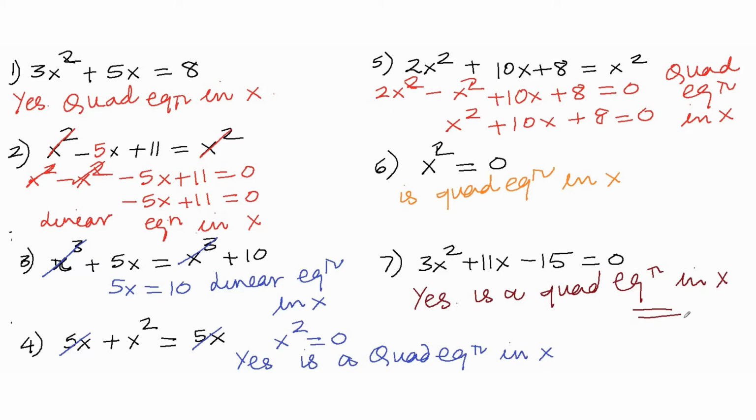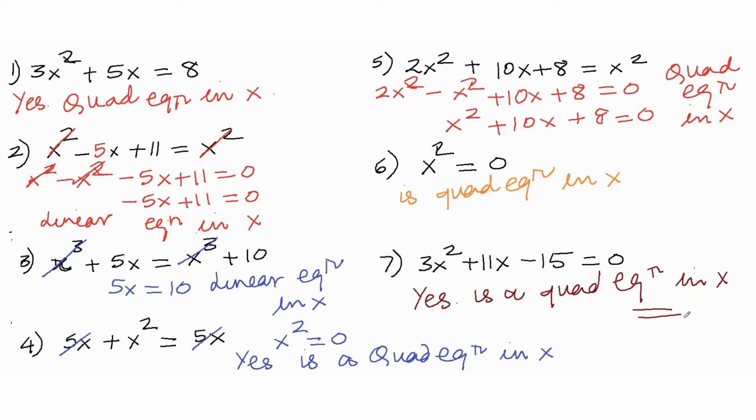And I'm going to take a few more questions. The idea is you try to open up all the brackets that you have and you try to bring all terms on one side. If the degree of that polynomial is 2, then it definitely means that it is a quadratic equation. If the degree is not 2, that is if there is no x square term or no variable squared term, it is not a quadratic equation.